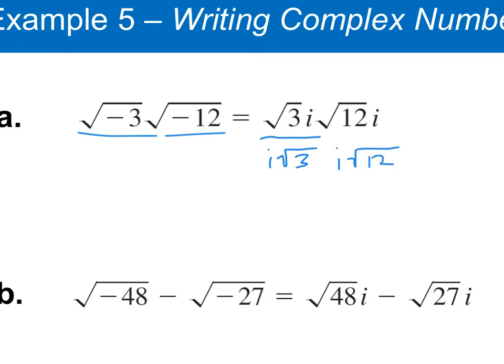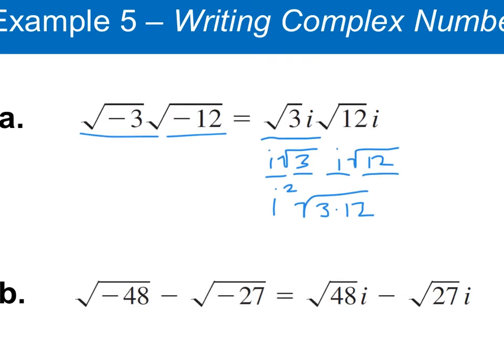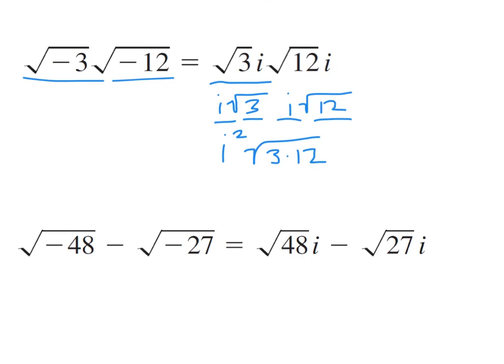If we are multiplying square roots together, here we're just multiplying all of these terms together, our i times i would be i squared. And then we can multiply the square root of 3 times the square root of 12. So this would be the square root of 3 times 12. What is i squared? Negative 1.